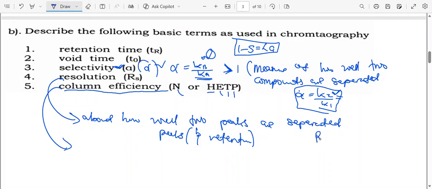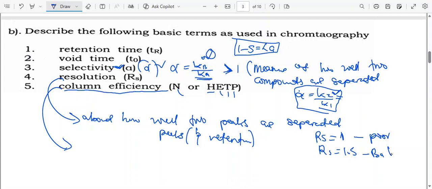Let's say resolution, Rs, is equal to 1. This means there's poor separation. Good separation is achieved when we have a resolution of, let's say, greater than 2. When you have a resolution of 1.5, we have a baseline separation.